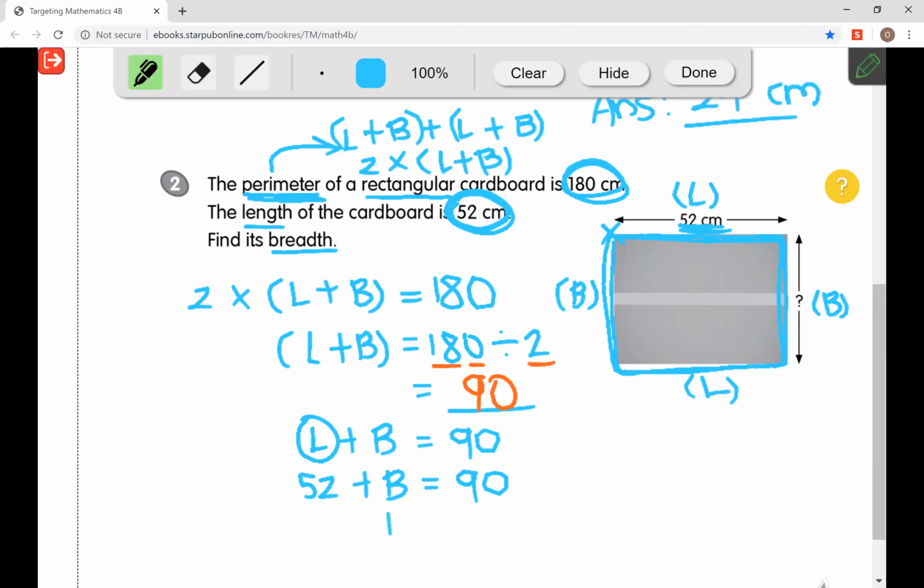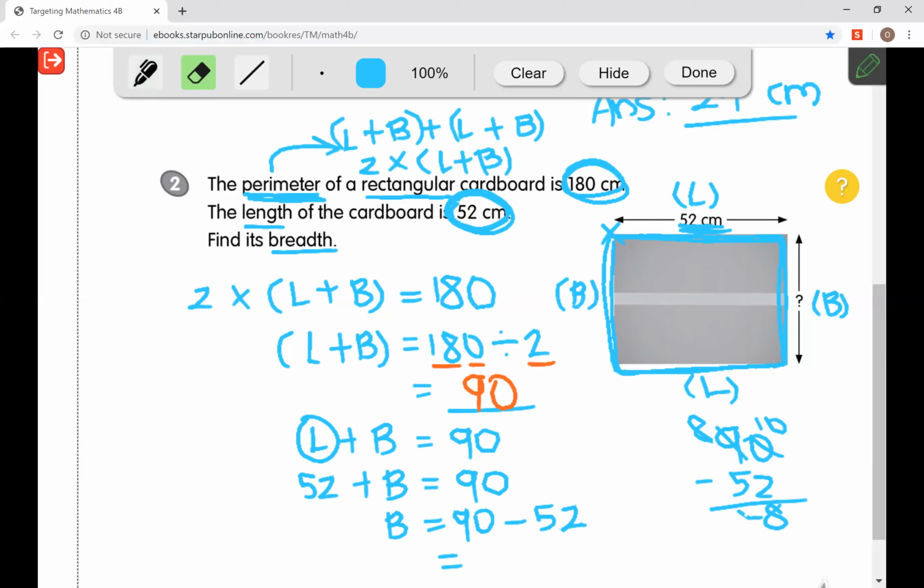So to find B, I will need to take 90 minus 52. Okay. Do your working. 90 minus 52 would be 38.